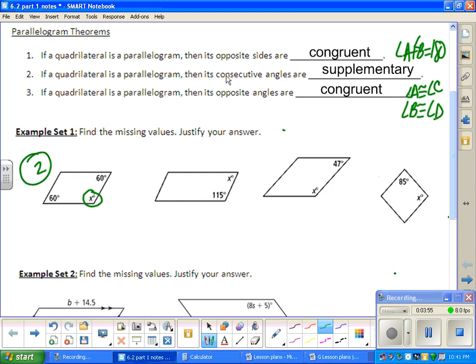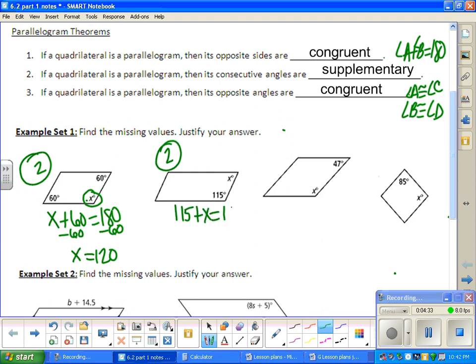Theorem 2 tells me that if it's a parallelogram, then its consecutive angles are supplementary. These two are consecutive, so x plus 60 equals 180. If I subtract 60, I end up with x equals 120. Here, again, I'm not talking about sides or opposite angles, I'm talking about consecutive, so theorem 2 again. 115 plus x equals 180.